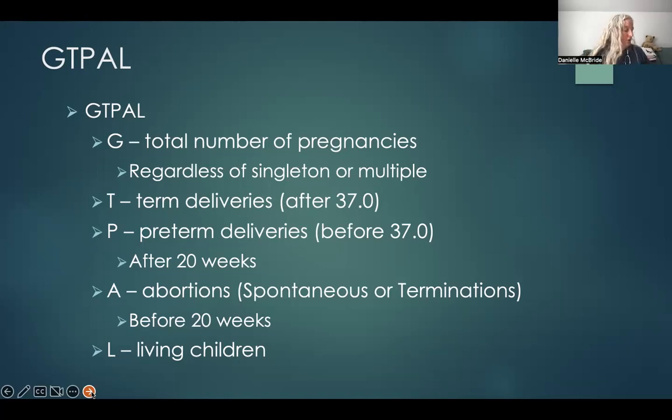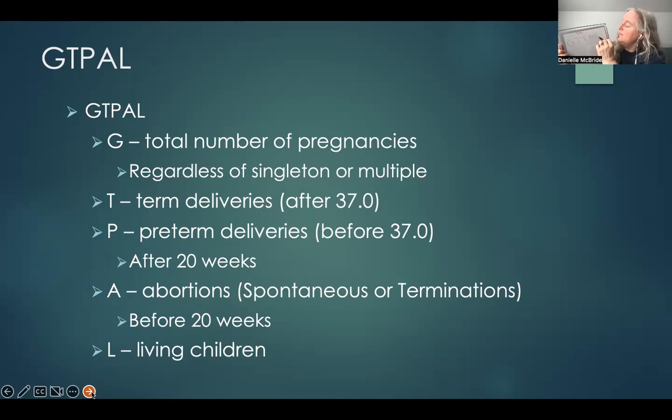So we'll write it out: G T P A L. T and P is the parity, because T is our term deliveries greater than 37 weeks, and P is our preterm deliveries between 20 weeks and under 37, so 36 weeks and 6 days. These combine to be our parity. But we're going to spread them out like this.